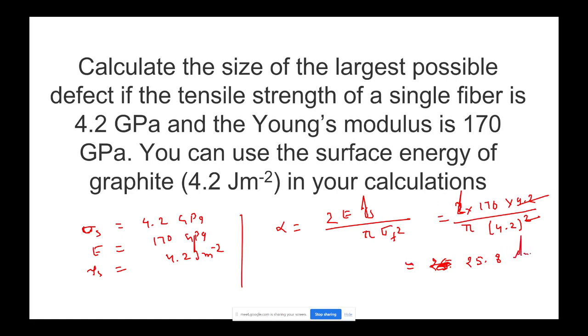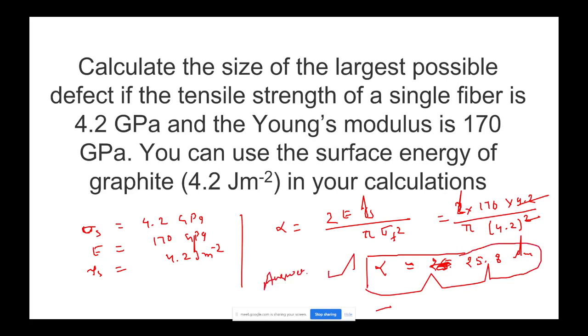I think this is in micrometers. So this will be your flaw size, and this is the answer for this question.